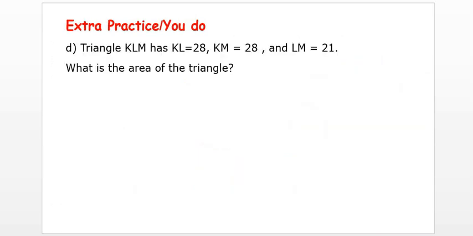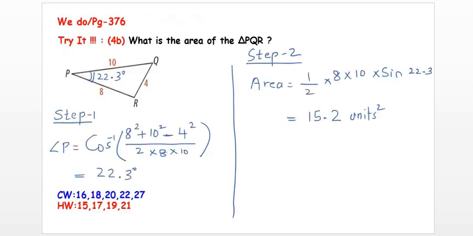Here is the next question. It says triangle KLM has KL this, KM this, and LM this. What is the area of the triangle? Have they given you the angle between any two sides? No, the angle is not given. So in step 1 you have to find the missing angle, and then in step 2 you have to find the area.